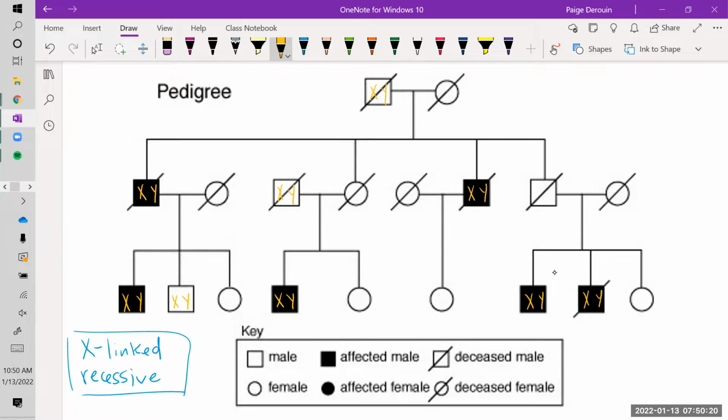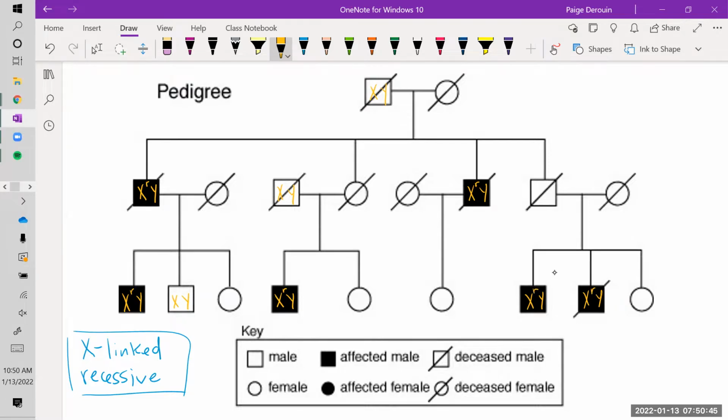And for the ones who have it, will their X have a capital letter or lowercase letter? The trait was recessive. Lowercase. So I'm going to use R's again. All the males who are shaded in have to have a little r.